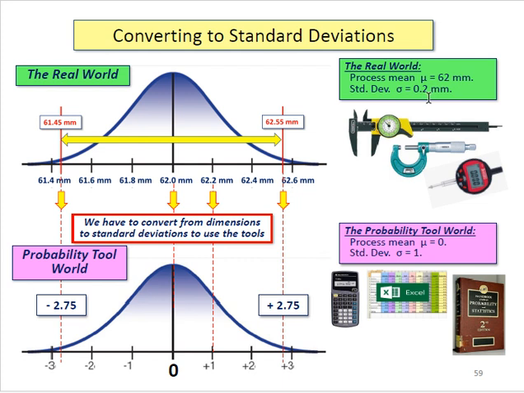Here's a real world 62 millimeters with 0.2 millimeters. So we have to convert from the dimensions to the standard deviation to use the tools: a program, calculator, Excel, or the book, of course. So how are we going to do that?